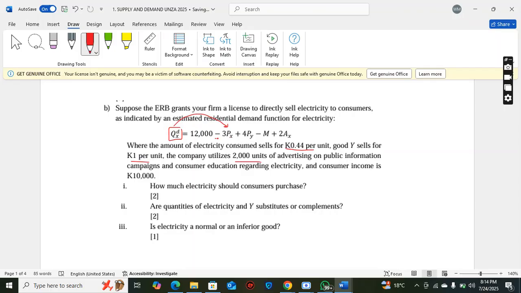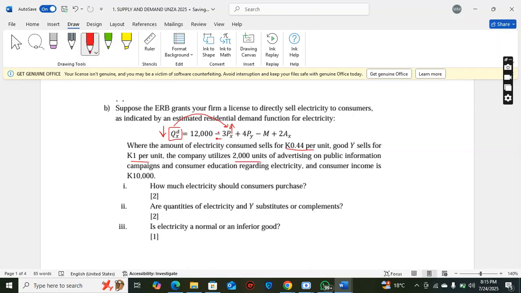We can see a minus sign in front of this negative 3x. This minus sign shows the relationship between the price of electricity and the quantity demanded. It's telling us if the price of electricity goes up, the quantity demanded of electricity will go down.